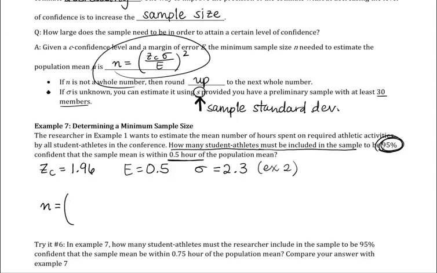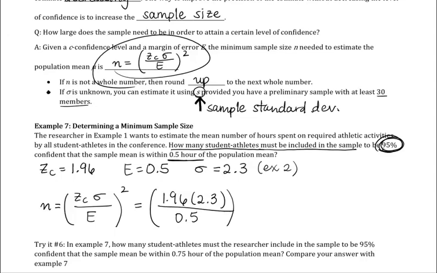I'm using the same formula from above. We're going to take the critical value, multiply it by the population standard deviation, divide it by the error, and square it. So we're taking 1.96, multiplying that by 2.3, dividing it by 0.5, and squaring all of that to give us approximately 81.29.